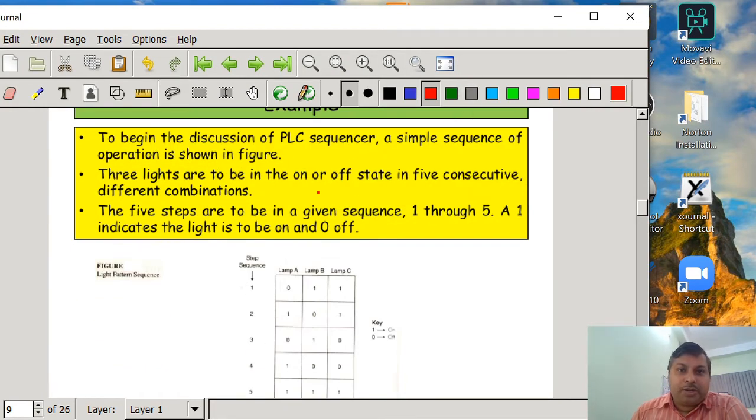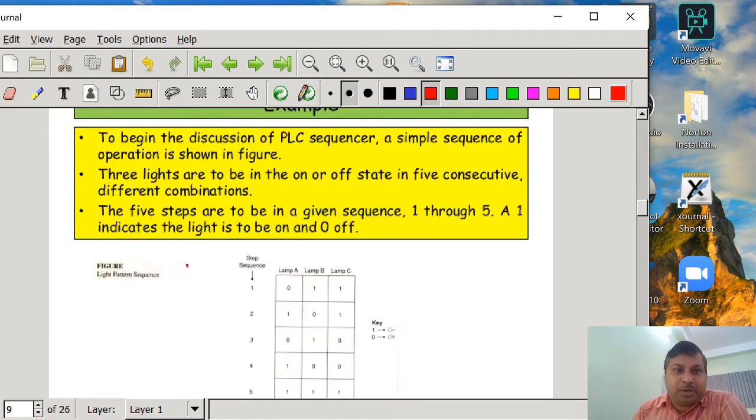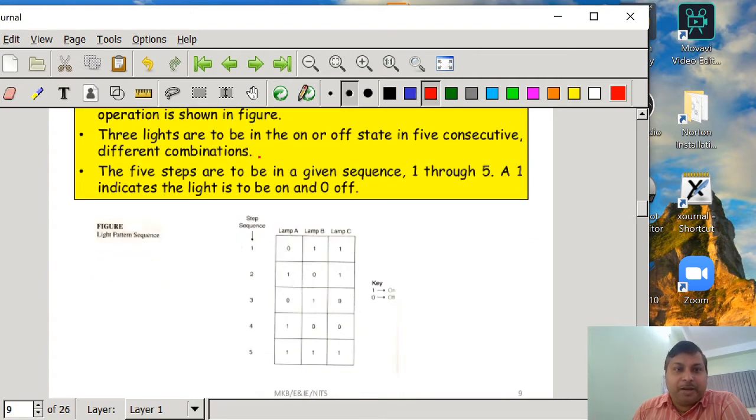So now we will try to understand how the PLC sequencer function is useful with respect to contacts and coils arrangement. To begin the discussion of the PLC sequencer, a simple sequence of operation is shown in the figure. Three lights, lamps A, B and C, are to be in the on or off state in 5 consecutive different combinations.